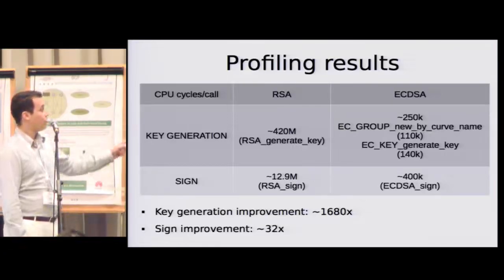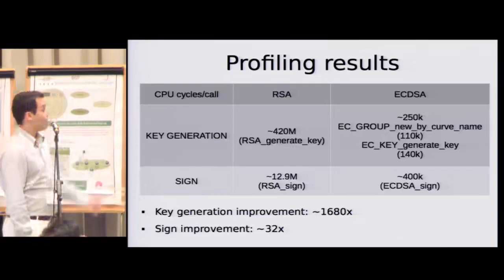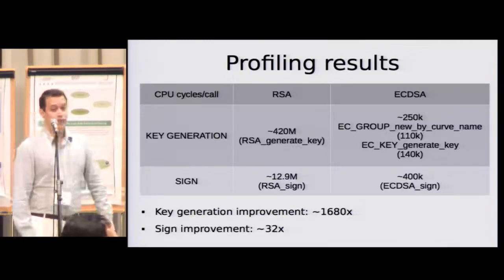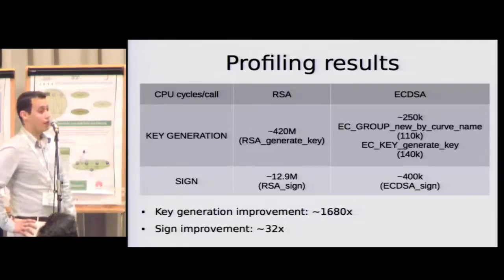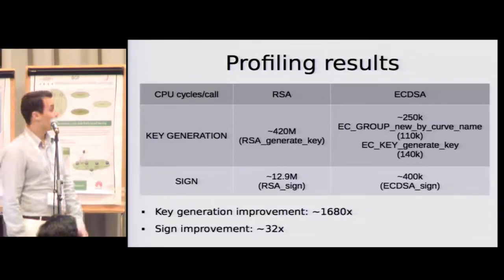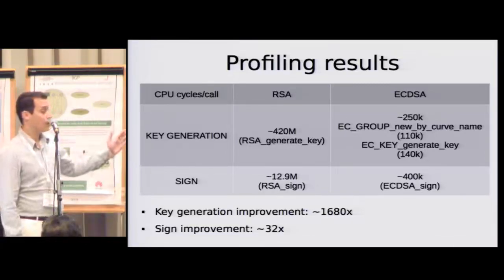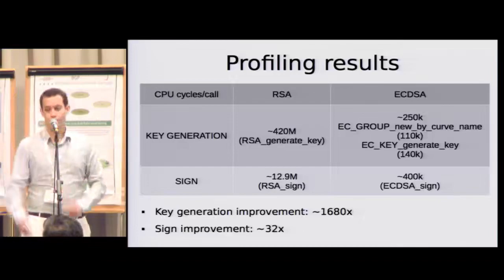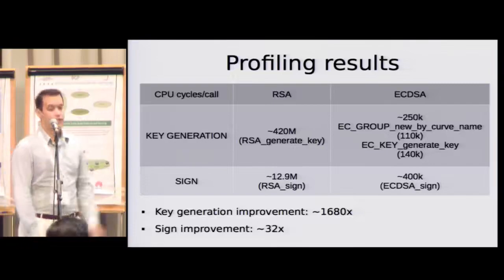So the improvement here is about 1,600 times. On the other hand, we have the improvement in the sign phase, where we can see that for RSA we need almost 13 million cycles. And for ECDSA, we need 400,000 cycles. So the improvement here is about 32 times. It's a good improvement thanks to ECDSA.